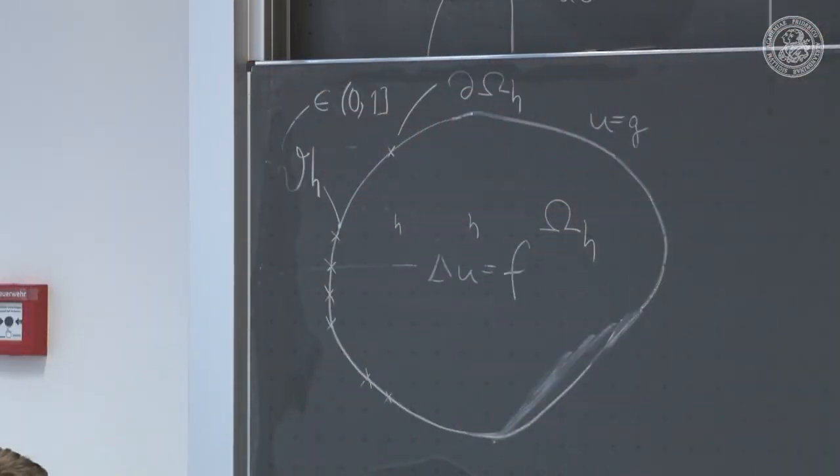Now let's see. What we would like to do is the following. We want to approximate the second derivative by difference quotients. But we now have the problem that we have an h1 going to the right and an h2 going to the right and an h1 going to the left.